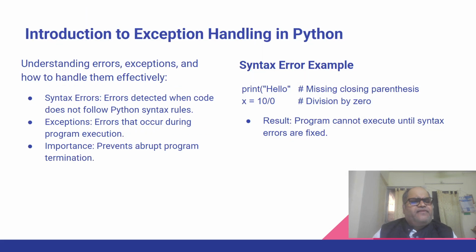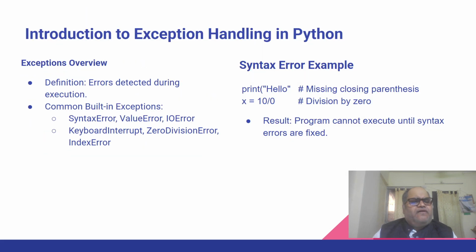Some of the common built-in exceptions are syntax error, the one that we saw, and value error. For example, if you are looking for an input of type integer and you input a float or string, that's the value error.